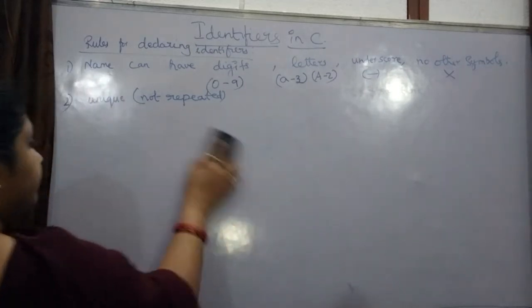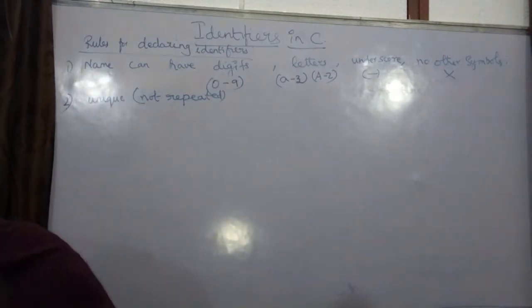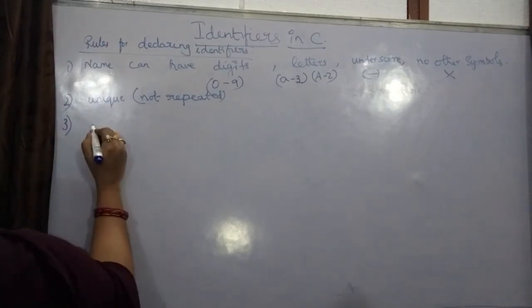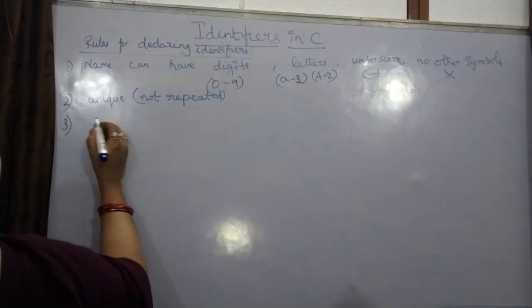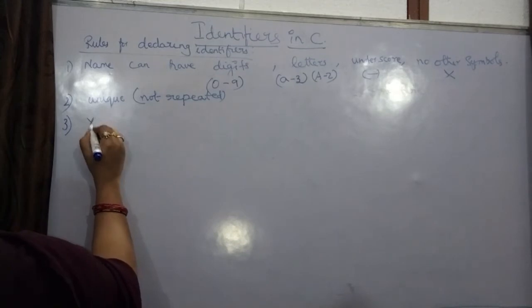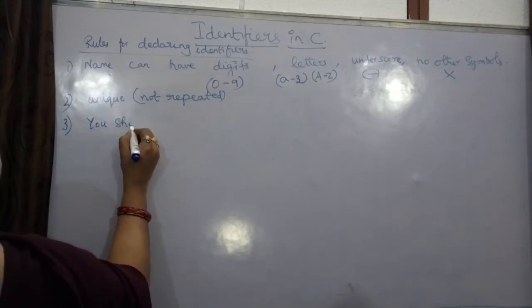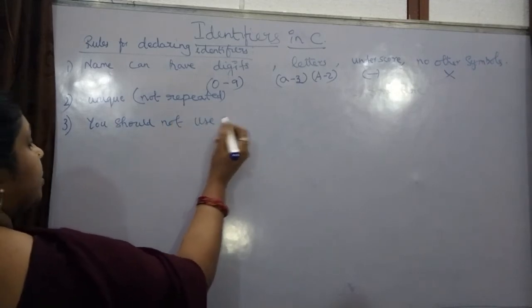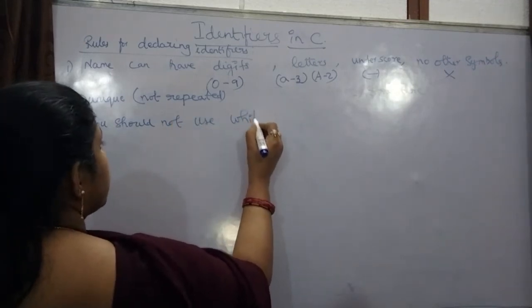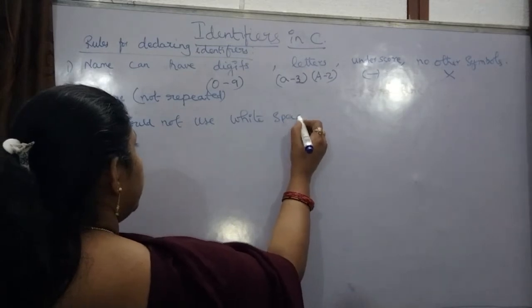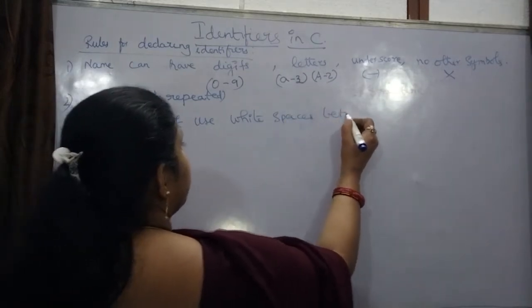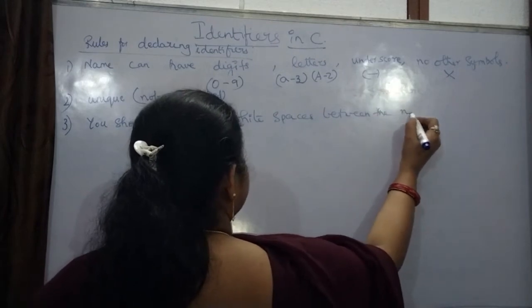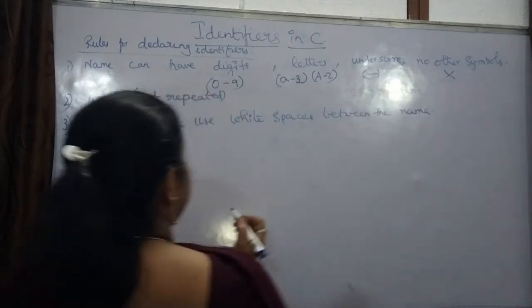Now, the third rule is you should not use white spaces between the name of the identifier.